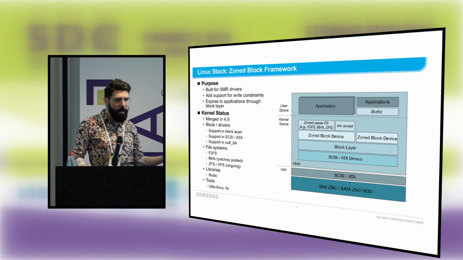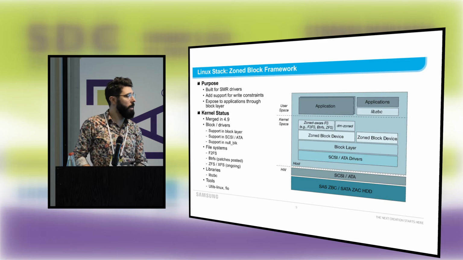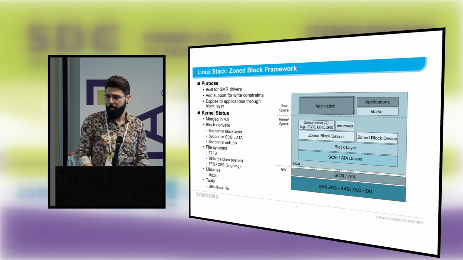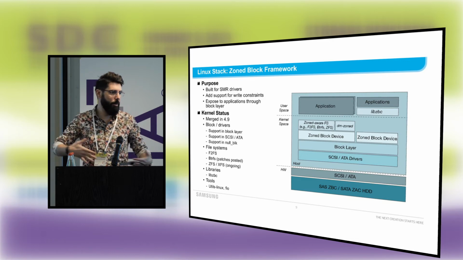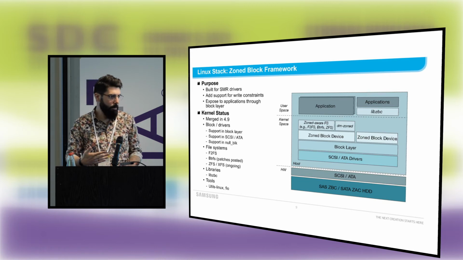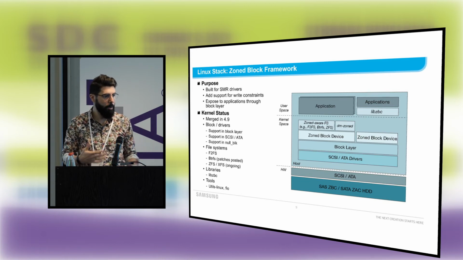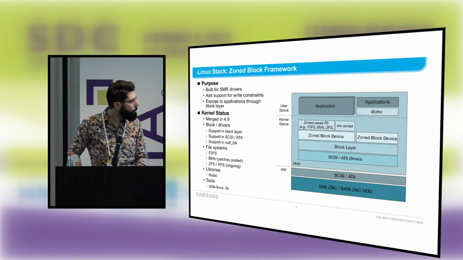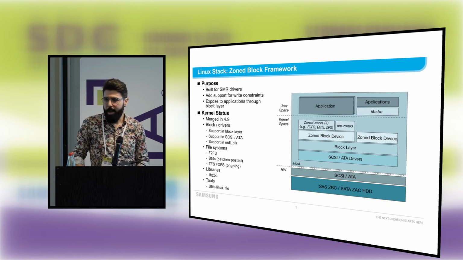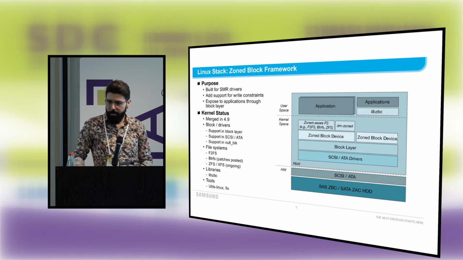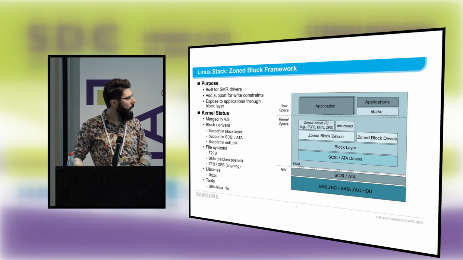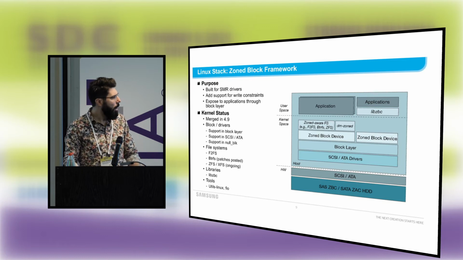It also exposes this to file systems, and actually today F2FS already supports these zone devices natively. It maps its segments to the zones, and you can see that it reduces write amplification when you do some measurements. We already have the patches by WD on Btrfs, and I'll show you later on. We are all working on different file systems.